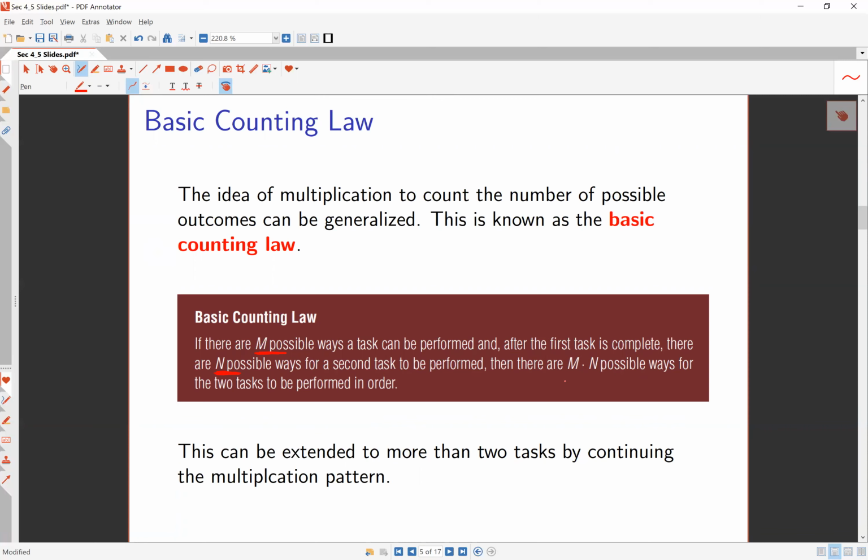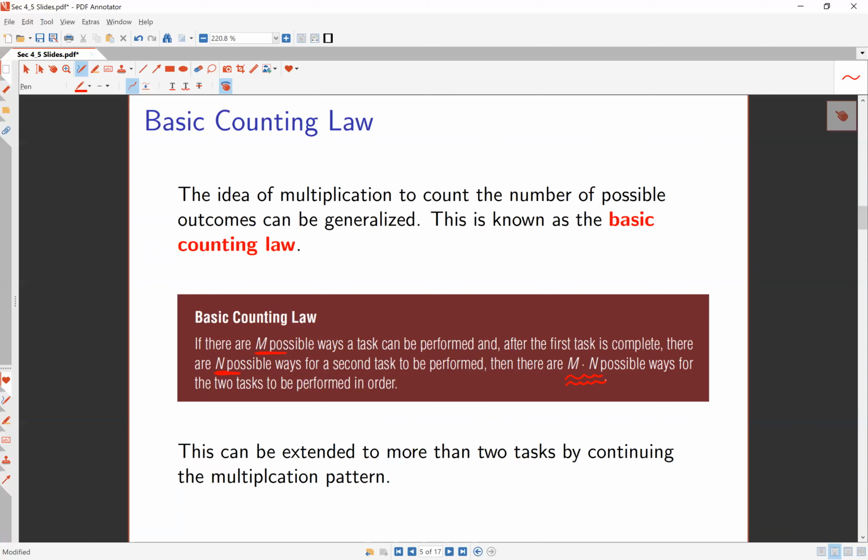Then in total, there are M times N possible ways for those 2 tasks to be performed together. So in this case, 2 outcomes corresponding to a coin toss multiplied by 3 outcomes corresponding to the drawing of that random number. And so 2 times 3 is 6 possible ways to perform the experiment.